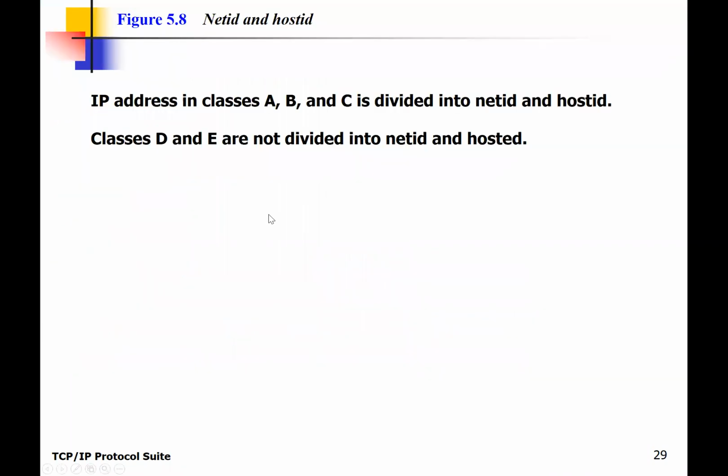So easy. All right, an IP address in class A, B, C is divided into net ID and host ID. Class D and E are not divided into net ID and host ID. Why?